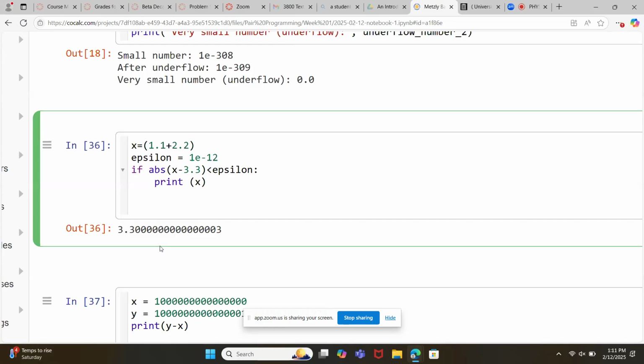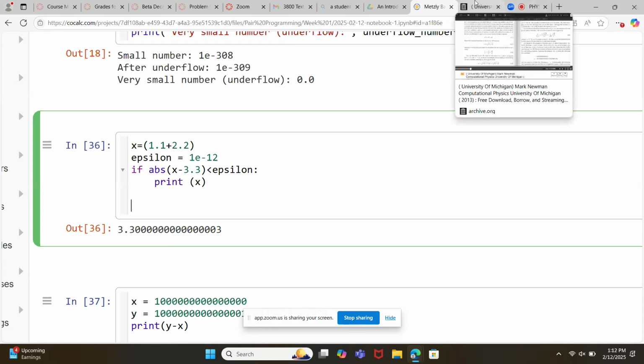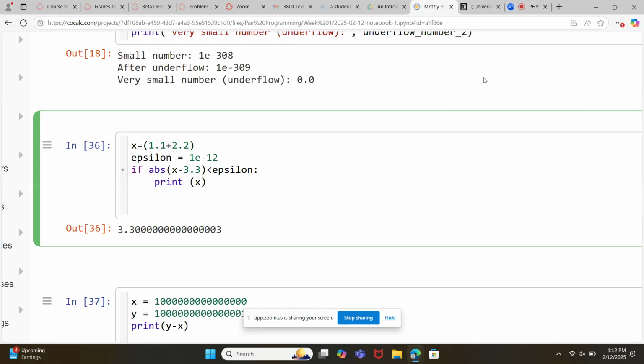But why are they doing it? Why is the computer not giving me what I want? But I didn't. All I gave was this. 1.1 plus 2.2.